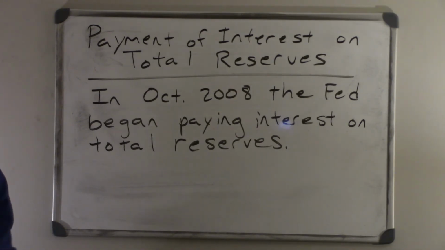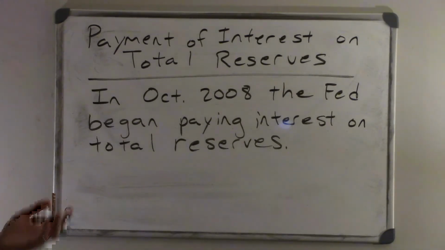Before this, the Fed did not pay any interest. So it was essentially, hey, we're the safest bet. We are the bank of the United States. If we go down, you've got bigger fish to fry. Then there are bigger problems happening than you losing your money.